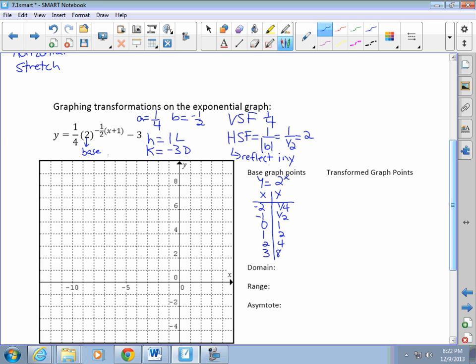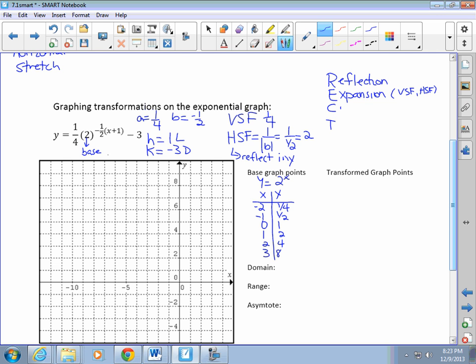So I need to do my transformed graph, and you could draw your basic graph on here if you want to help you, but you don't have to. A good acronym to help you remember what to do is called RECT. REC T means that you do your reflections, you do your expansions, so those are your vertical stretch factor and your horizontal stretch factor.